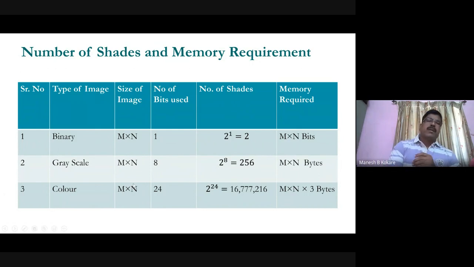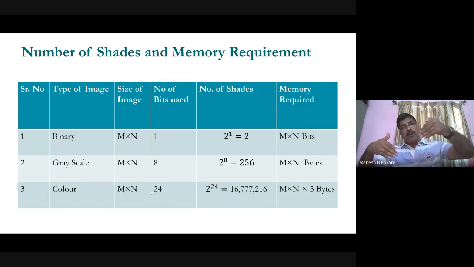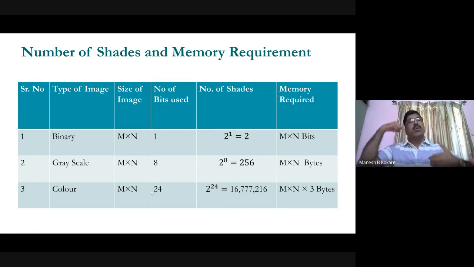Now, in the case of a color image, if the size is the same as the binary or grayscale image, but every pixel is represented with 24 bits, 8 bits for the R channel, 8 bits for the green channel, and 8 bits for the blue channel. So the total number of bits for representing one pixel in these three channels is 24.